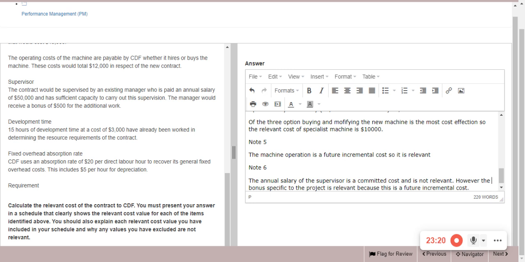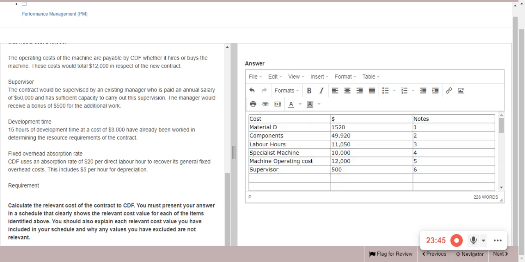So I'm going to mention the $500 over here. So mention the price over here as well. And that's my note.